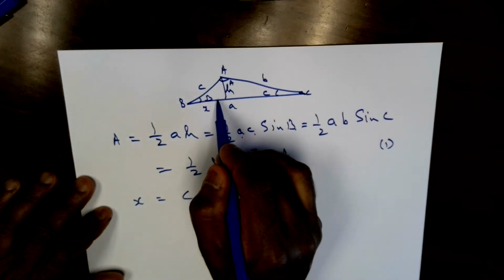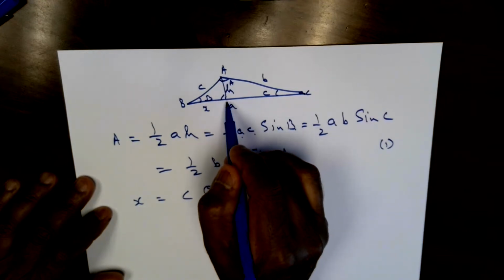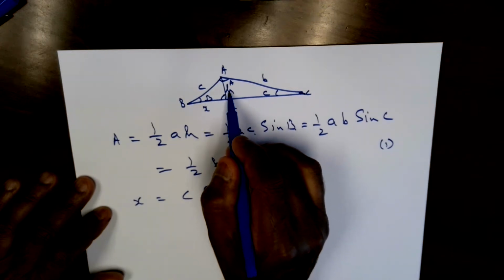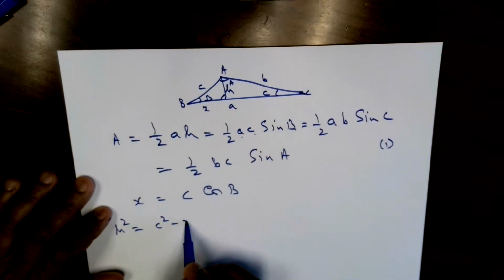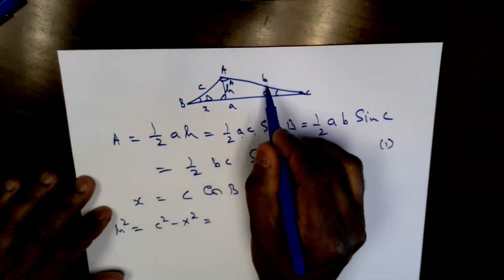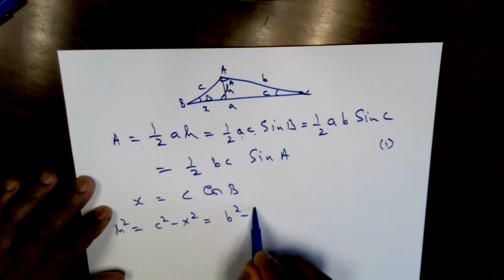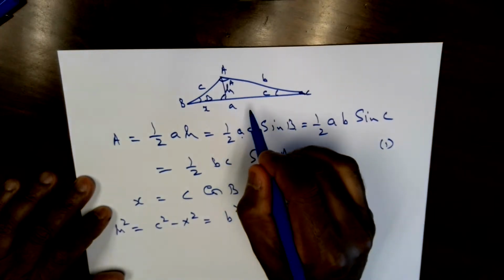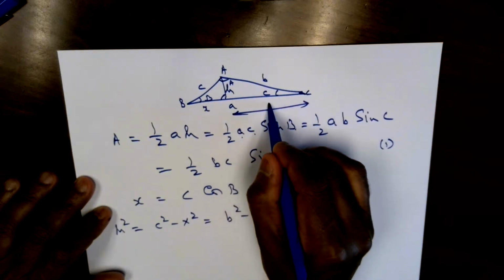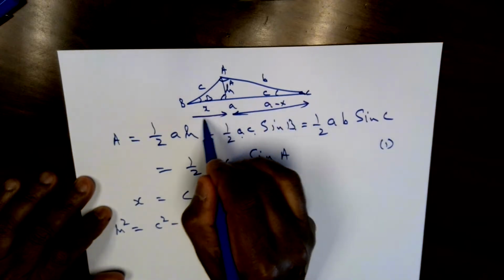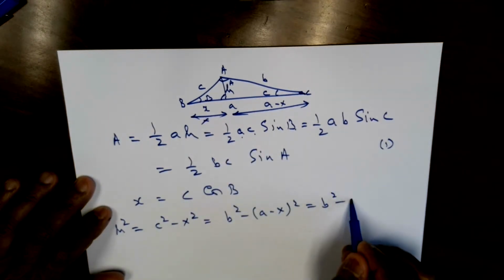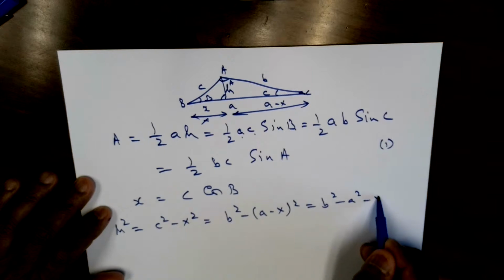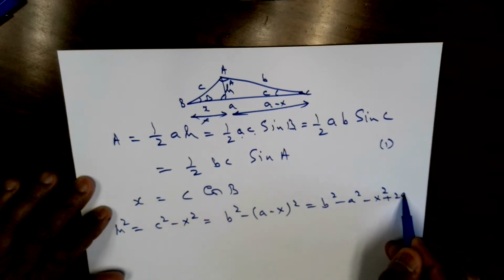On the other hand, this is a vertical, so this angle is 90 degrees. Consequently, H squared is c squared minus x squared. But from this side, it's also b squared minus a minus x the whole squared, because this length is a minus x, if this length is x. If you expand this, it is b squared minus a squared minus x squared plus 2ax.